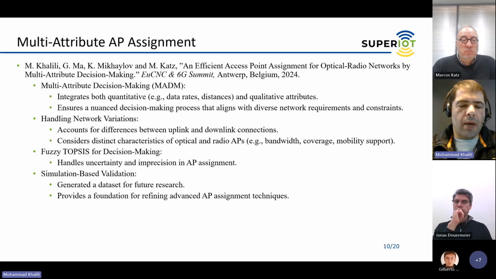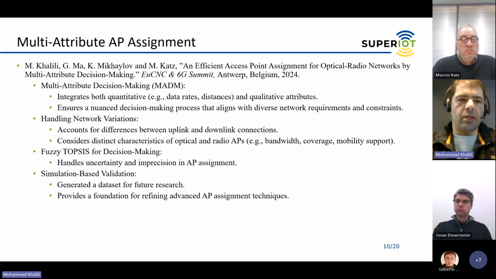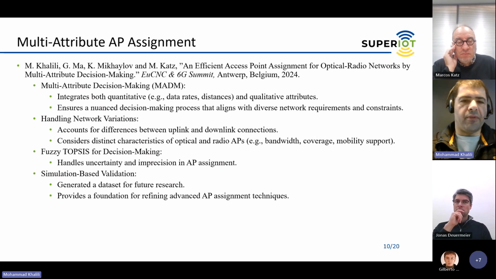In this approach, we integrate quantitative and qualitative attributes, and we use fuzzy TOPSIS in decision making to handle the uncertainty and imprecision of data that happen in the network for the problem of access point assignment.